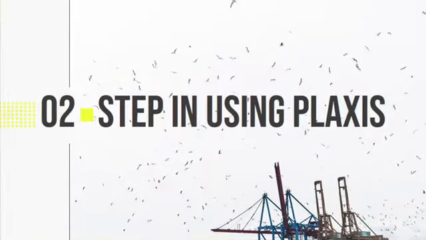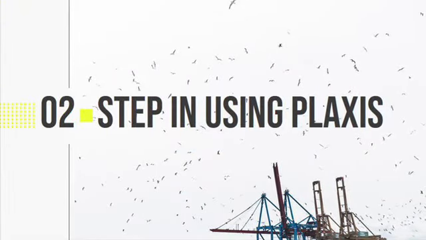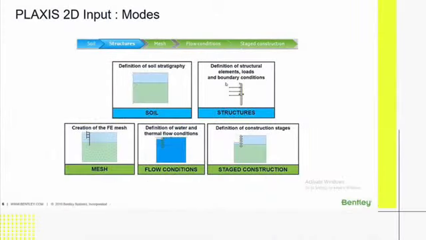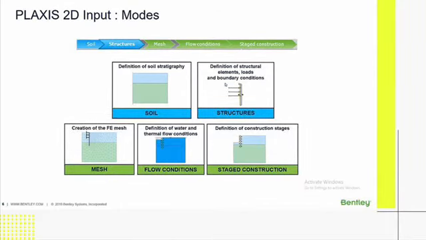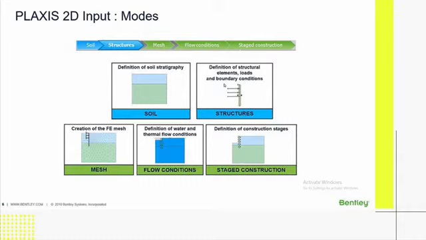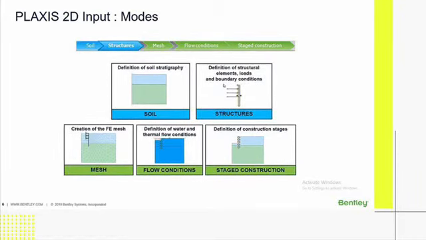Next, I will explain the steps in using Plaxis. The first one is soil, definition of soil stratigraphy, such as defining the model. The second one is definition of structural elements, loads and boundary conditions for structures. Then the third one is mesh.